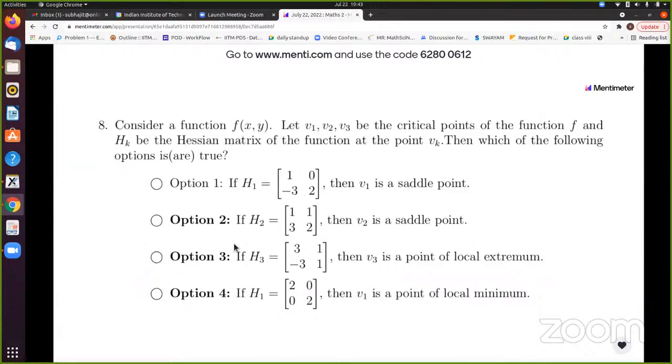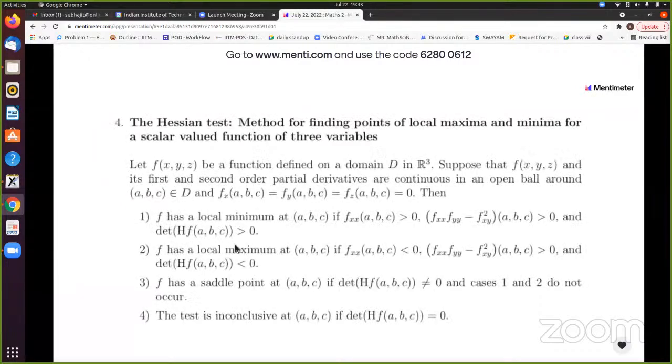Minima, because fxx is greater than 0. Great. What about the last one? It's also correct, because determinant is 4, greater than 0, and fxx is 2, which is greater than 0. So again, it's a local minima, right? Yeah. So this type of problems are basically here.